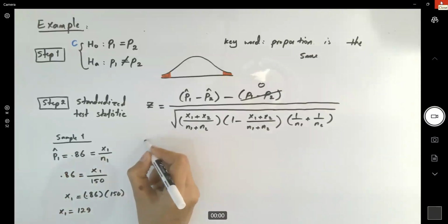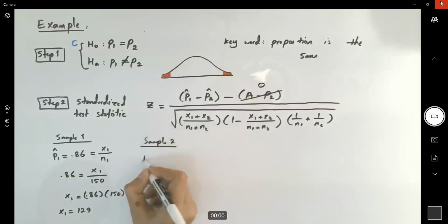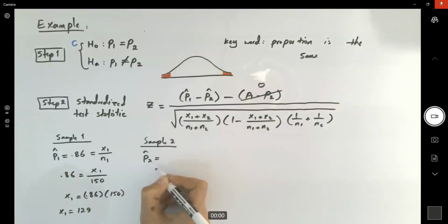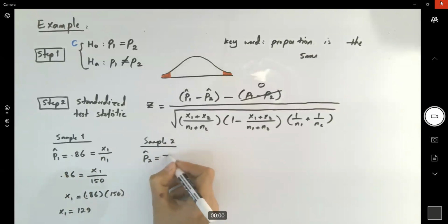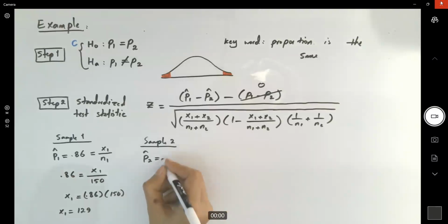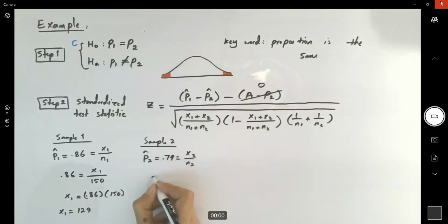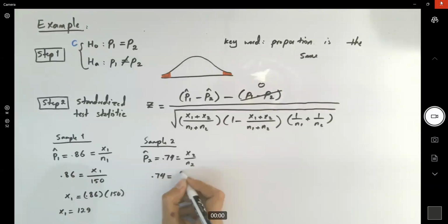For sample 2, P2 hat is equal to 74%, or 0.74, which is defined as x2 over n2. N2 is given to us: 200.